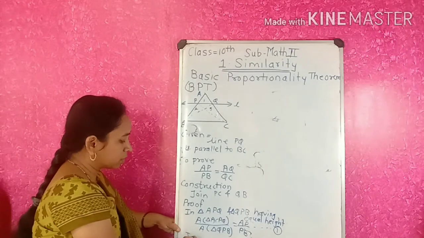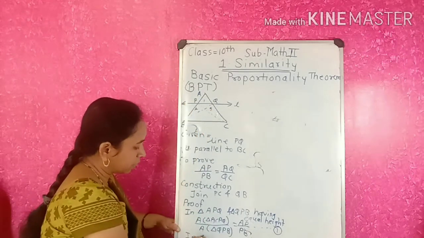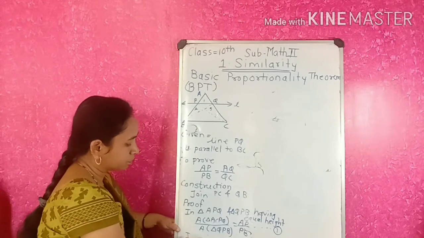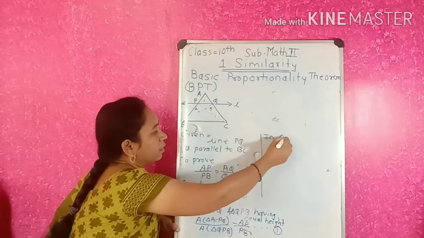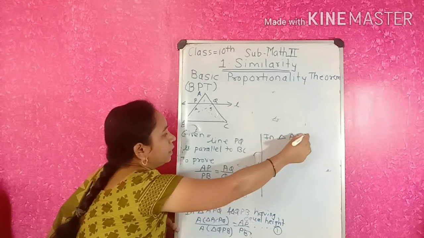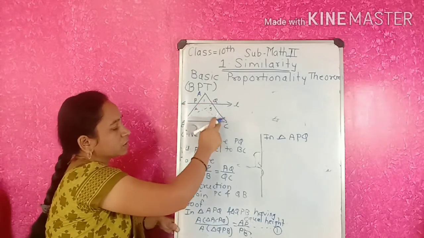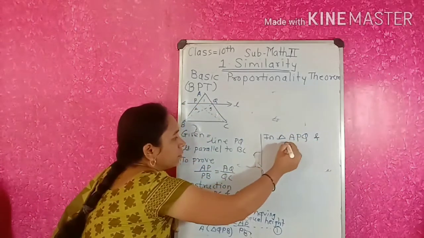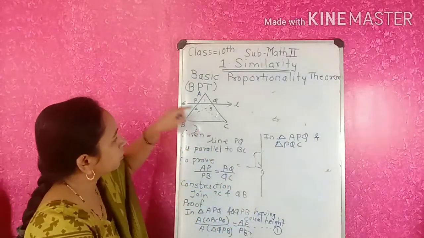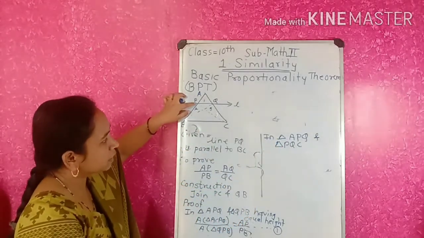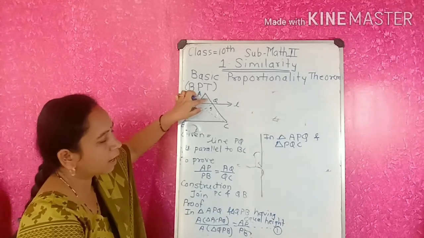Similarly, I'll consider the first triangle and this third triangle. First triangle means again triangle APQ, and another triangle I'll consider is PQC. Again, if you observe, in these two triangles, P is a common vertex, and from P I will draw the height.